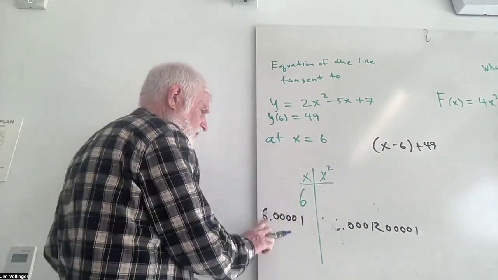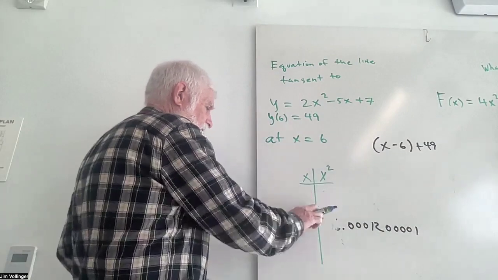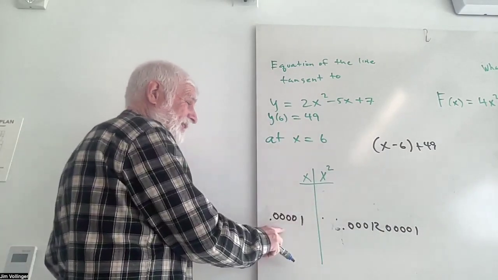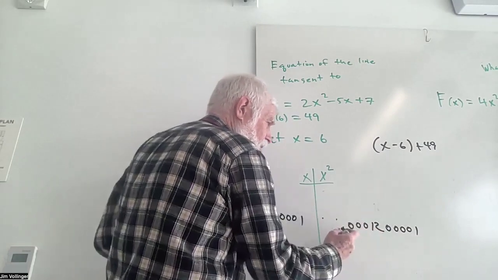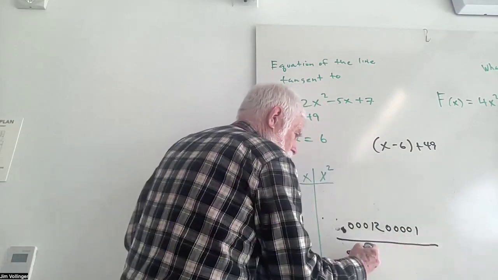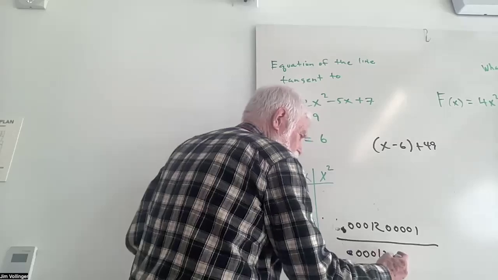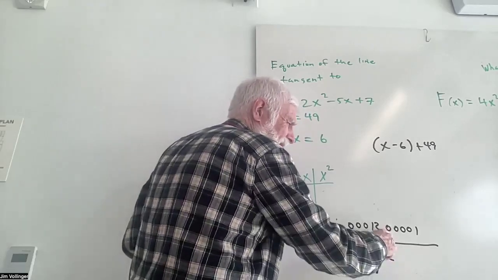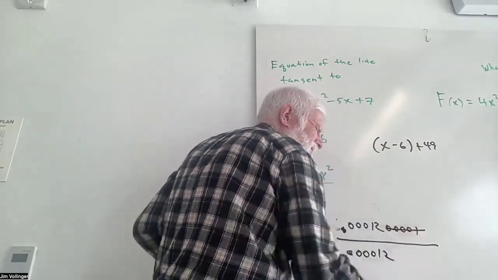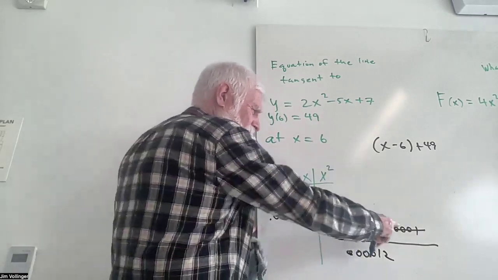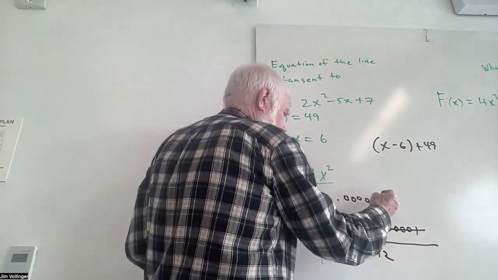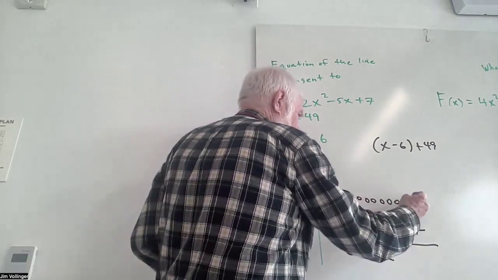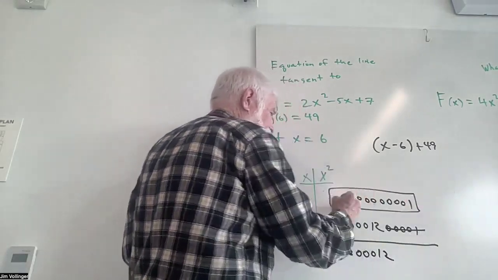I think the change from 6 to 6.00001 is the change, and I ignore the tiny digits because they are so small. That number right there is really 0.000001234. That's what I just erased.